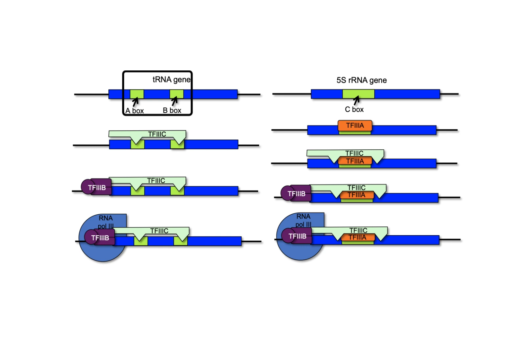So in the case of tRNA, there's an A box and a B box, and transcription factor 3C recognizes those, attaches to them, and then transcription factor 3B can attach to that region, and that positions RNA polymerase 3 on the beginning of the gene, and then you get transcription of the tRNA.